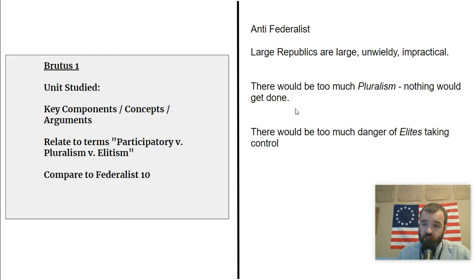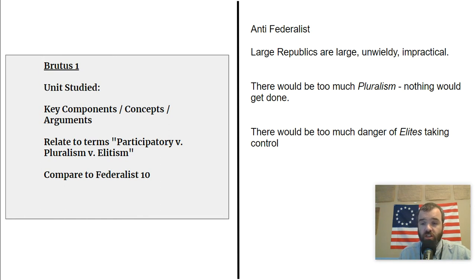There's concern that this would be way too pluralistic. There would be different groups pushing against one another so much that the system would become bogged down and no decisions would be able to be made, and it would become very inefficient and ineffective. And there's also a concern that in this ineffective and inefficient system, an elite group could take control or take advantage of the situation.